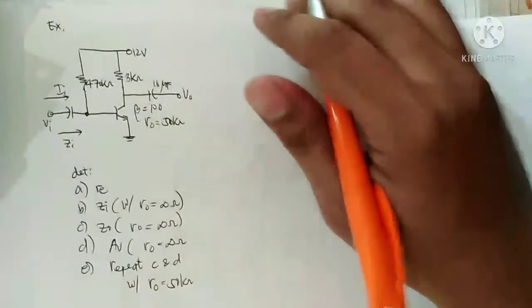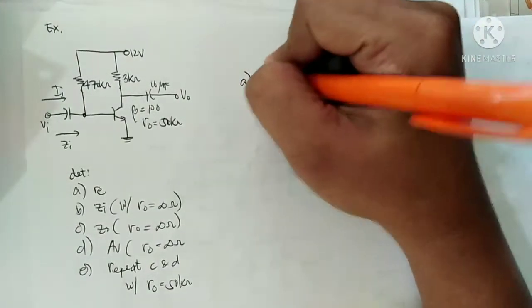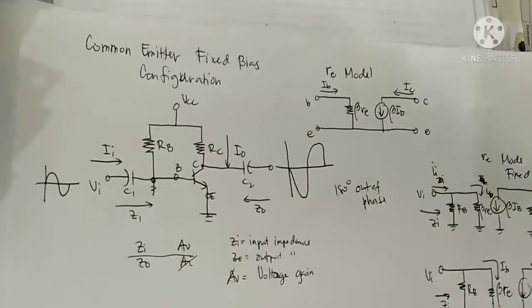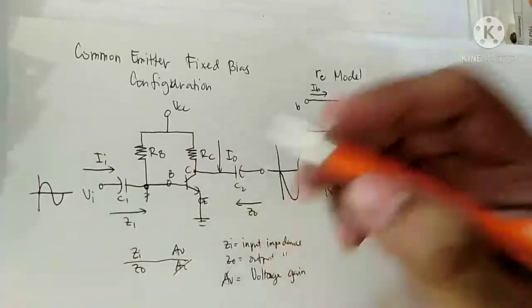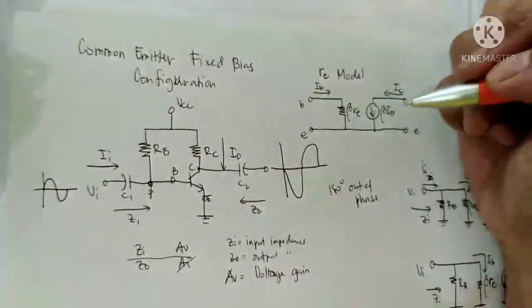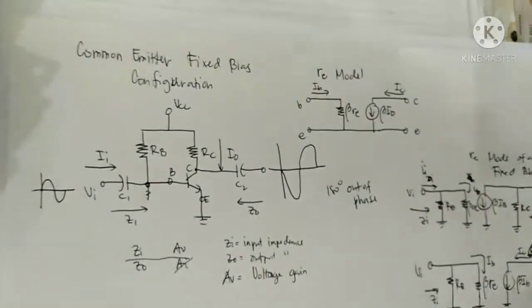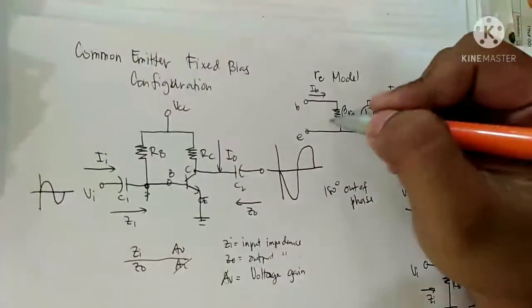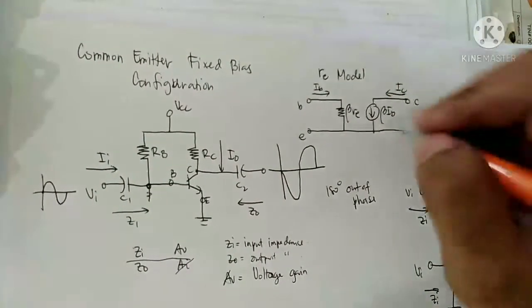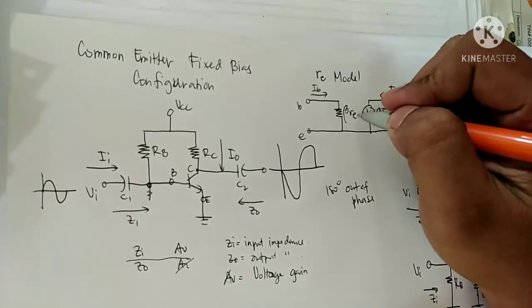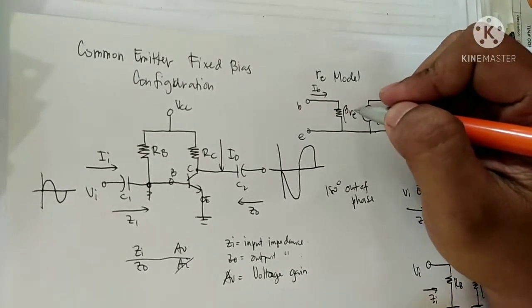So, RE. Remember your Electronics 1. The equivalent circuit of a transistor has a diode or a current source. The equivalent resistance of the diode is equal to R sub E, which was discussed in the RE model video on YouTube.